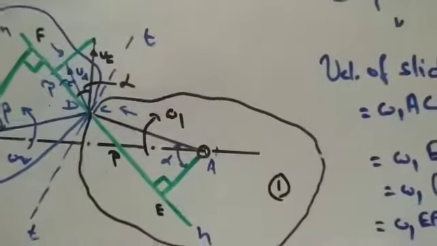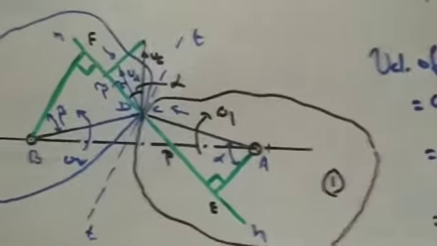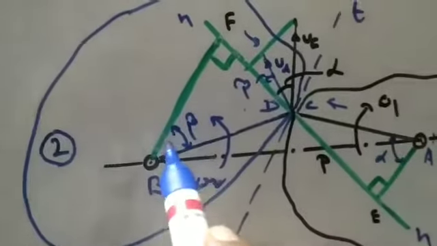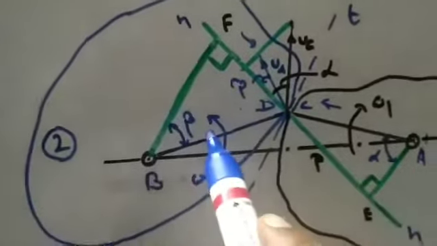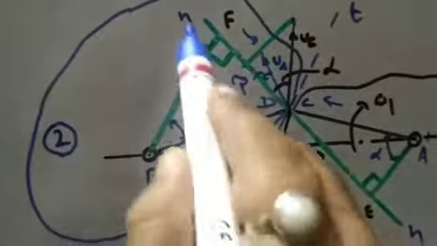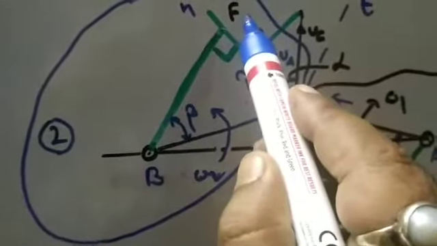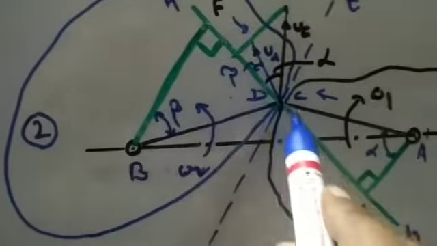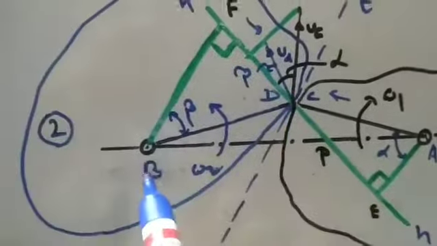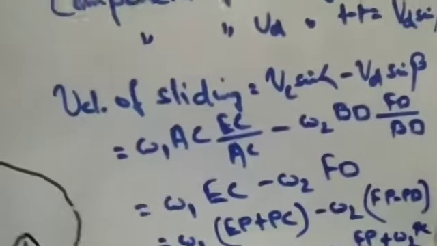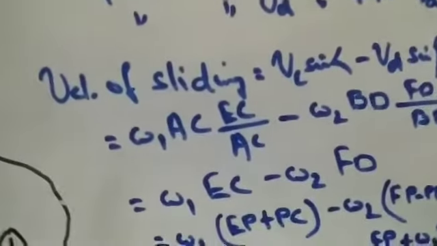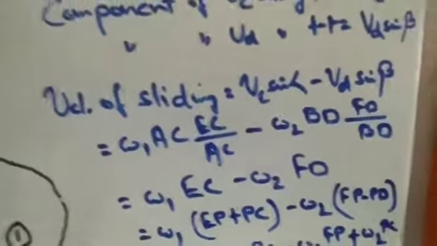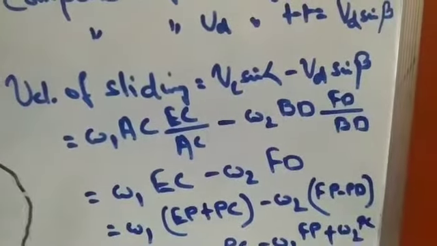And omega 2 into BD into sine beta, where sine beta is FD by BD, the green line FD by the blue line BD. So the velocity of sliding is omega 1 into AC into EC by AC minus omega 2 into BD into FD by BD.